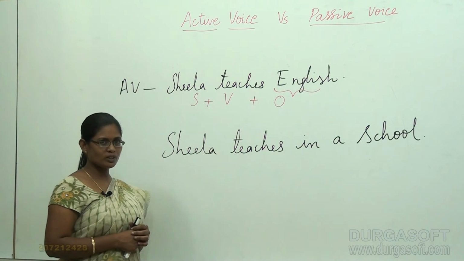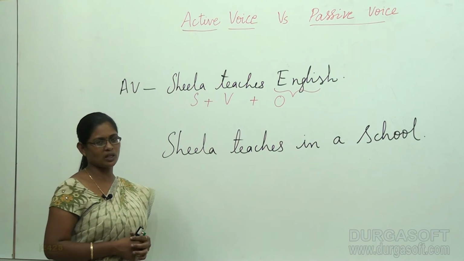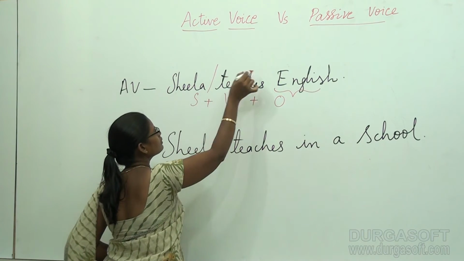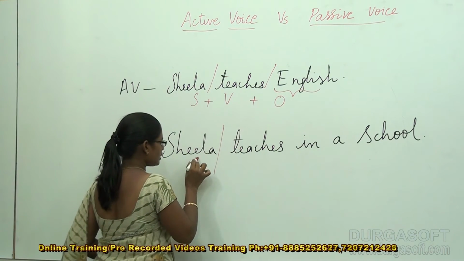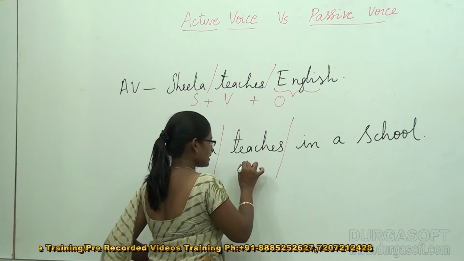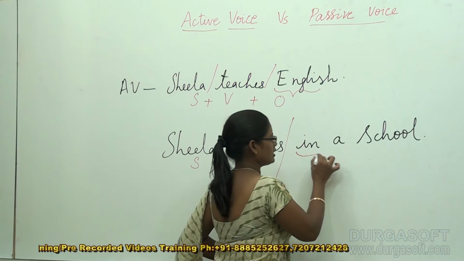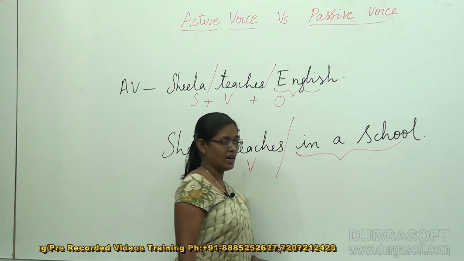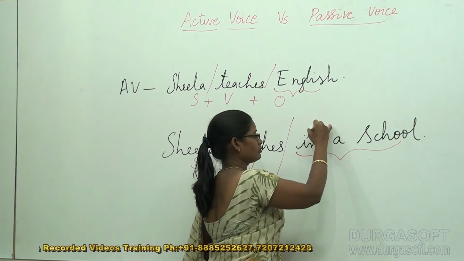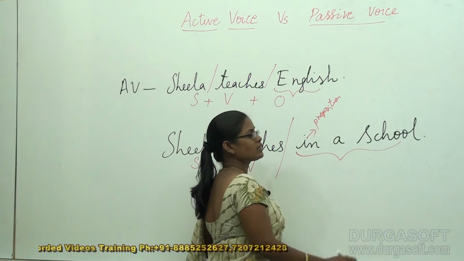And for our information, I would like to split this sentence into the structure. Now, according to the structure, Sheila stands for subject and teaches stands for verb, and the remaining part of the sentence I cannot name as easily. This one is a preposition, right?